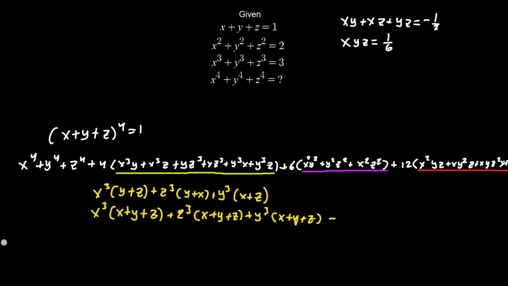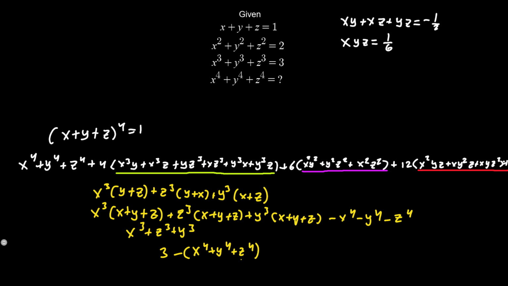And we're going to be subtracting x to the 4 minus y to the 4 minus z to the 4. And we know that x plus y plus z is 1. So we could just have x cubed plus z cubed plus y cubed, and we know that that is 3. So we'll have 3 minus x to the 4 minus y to the 4 minus z to the 4.